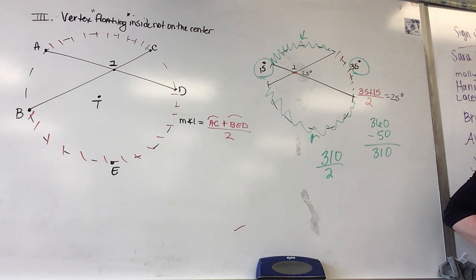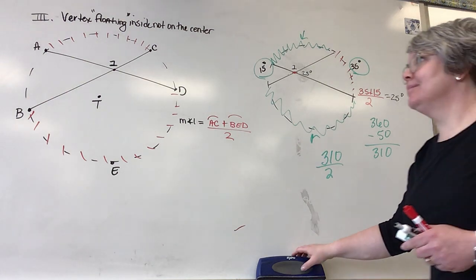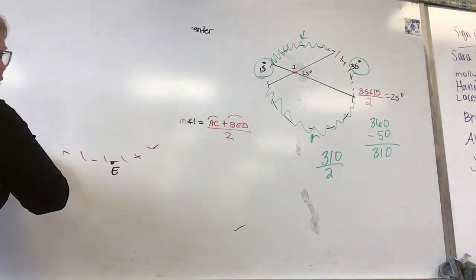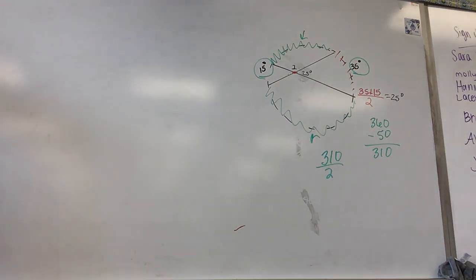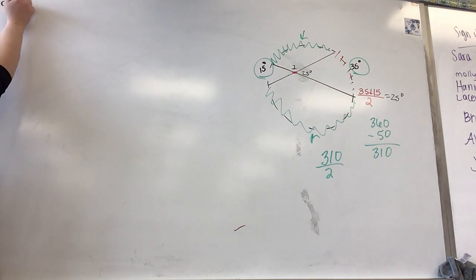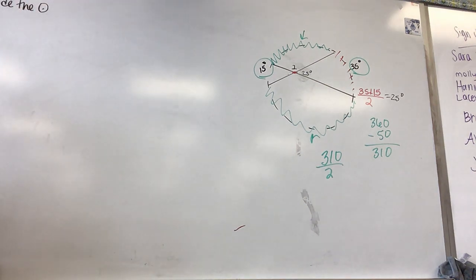Okay, where are we moving next? We've done in the center, on, now floating in, now outside. Category number 4. Category number 4, vertex moves outside the circle.